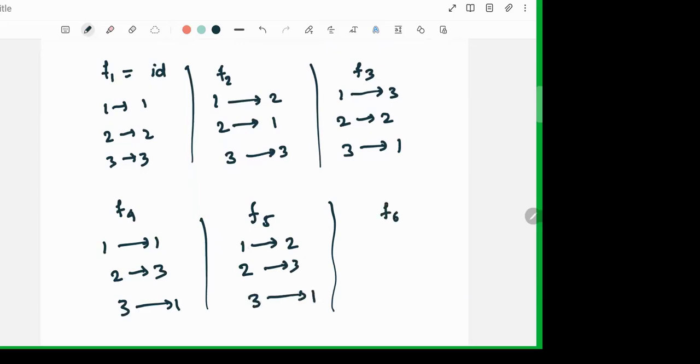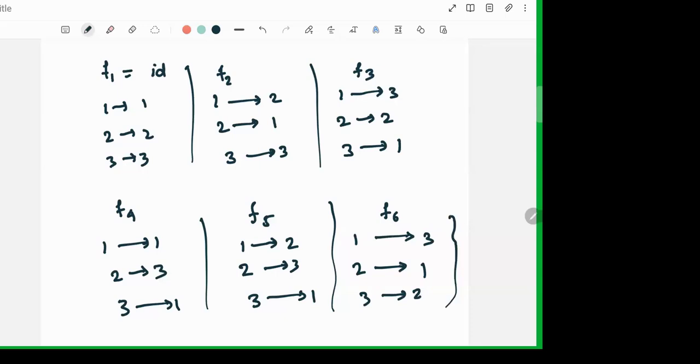And f6 takes 1 to 3, 3 to 2, 2 to 1. So these are all 6 functions.